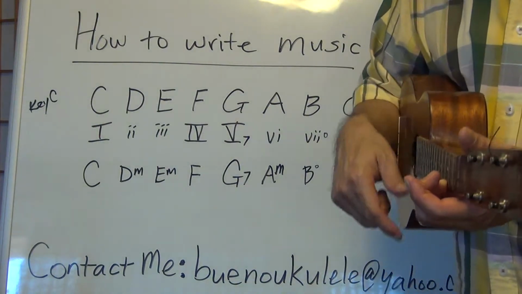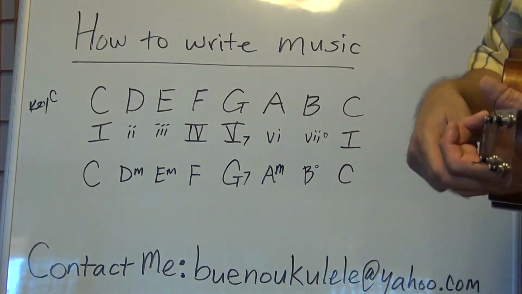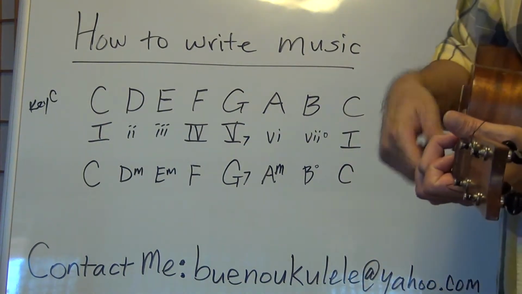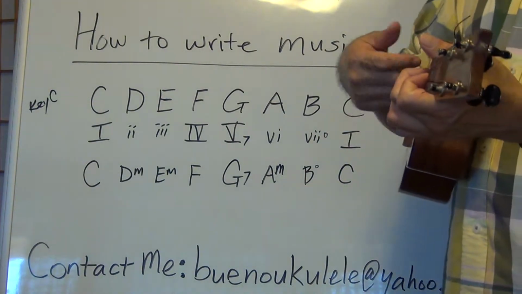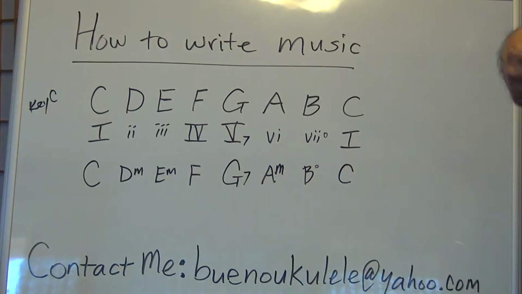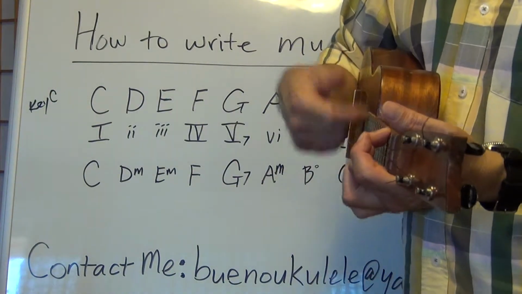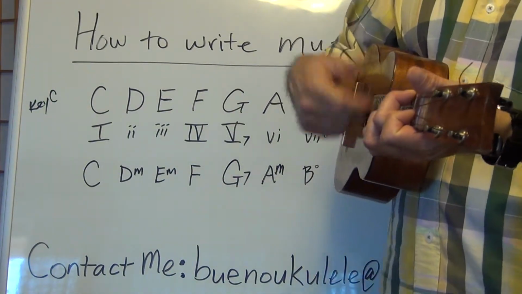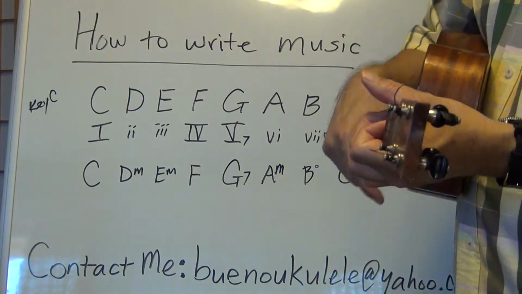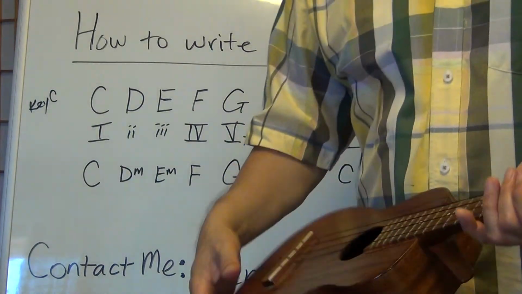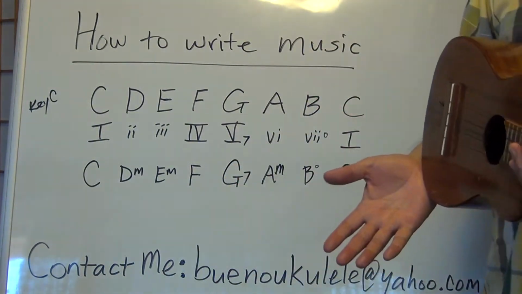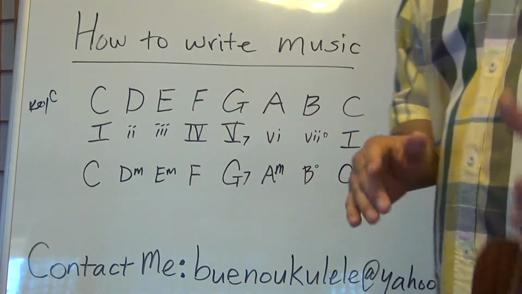So here's an A minor. And maybe you want to put an F. Maybe a G7. Back to a C. And you would probably repeat that again. A minor, F, G7, back to C. Now keep in mind, I'm just doing a very simple strum, okay? Just so that you can get the idea of this.